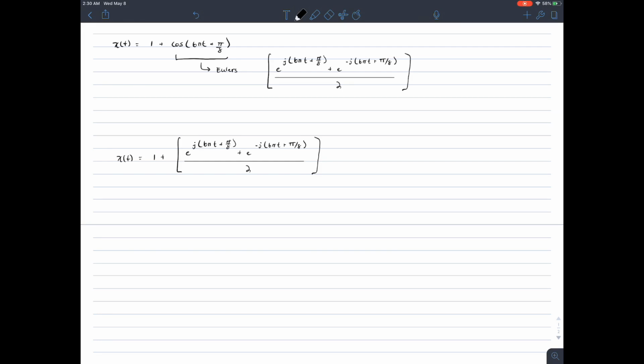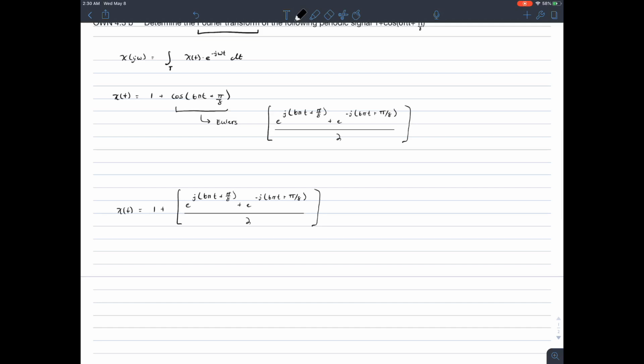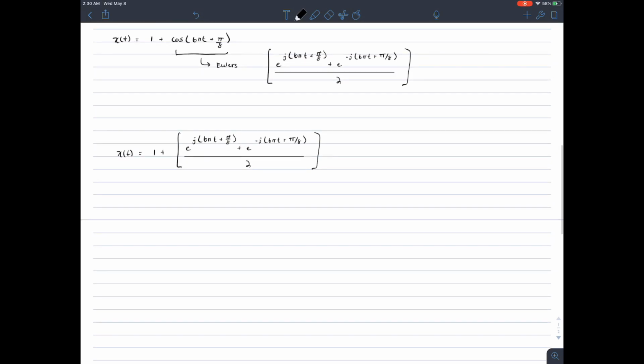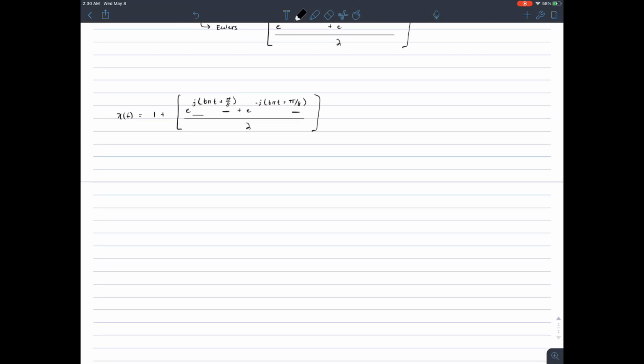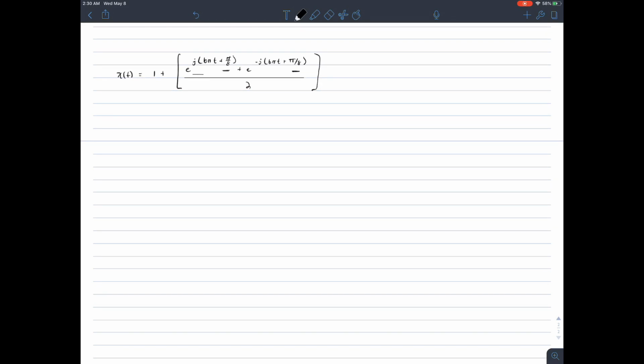Alright, so as we just discussed, this is the formula that we're going to be using. So we're going to have to multiply it by e to the negative j omega t. So what you need to realize is that when you're integrating with respect to t, you'll be integrating these while this will be a constant. Okay, so let me show you what I'm talking about.